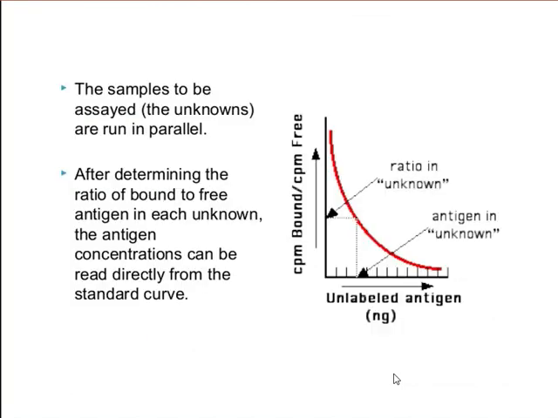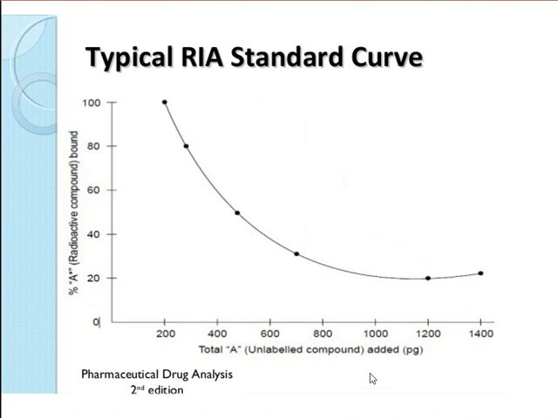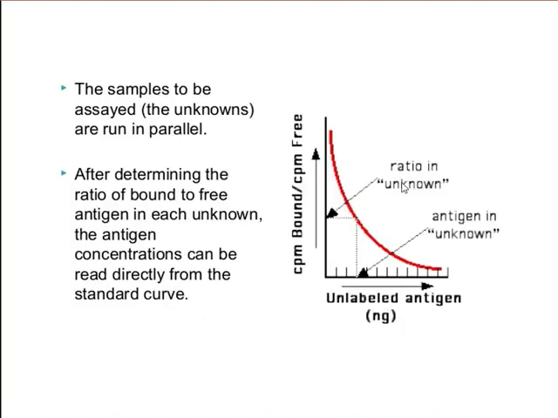Now, what you do is, you have a standard curve here. Now, you have the sample. You have a sample with unknown concentration of antigen. You repeat the same procedure. That means, you will add the same ml or microliter, the same aliquot of the sample.